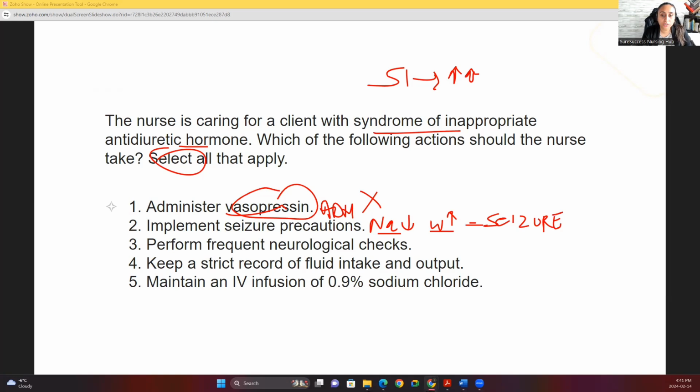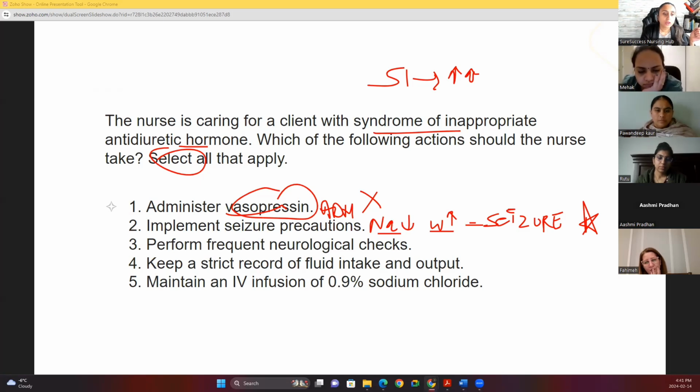What I told you very carefully: if you are forgetting, as for SIADH, as for seizures, sodium is directly linked with seizures. Hyponatremia means too much water, so your brain is swollen, and if your brain is swollen, you are having seizures. Understood?